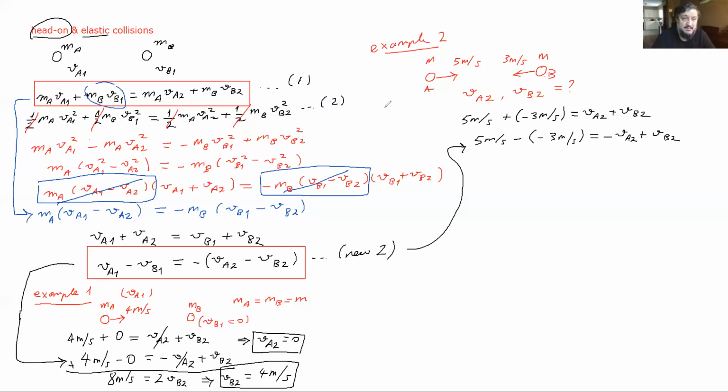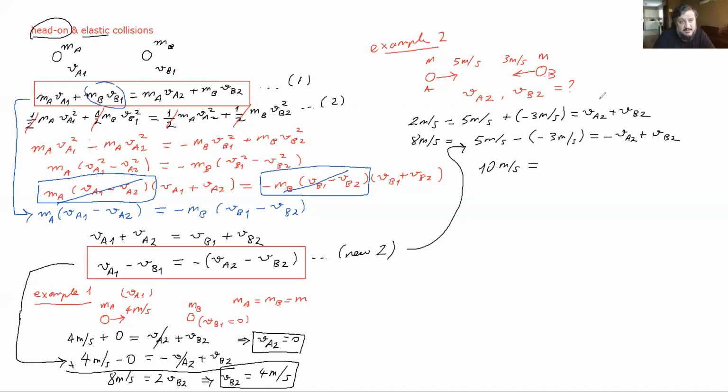So what do I get here? On the left-hand side here I have 5 minus 3 equal to 2 meters per second. And here 5 minus negative 3, 8 meters per second. I'm going to do the same trick. I'm going to add these two and get 10 meters per second on the left-hand side.